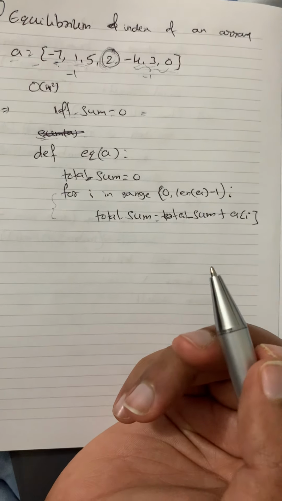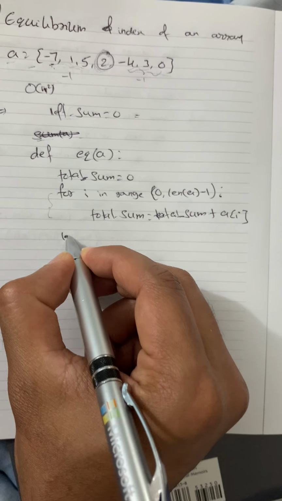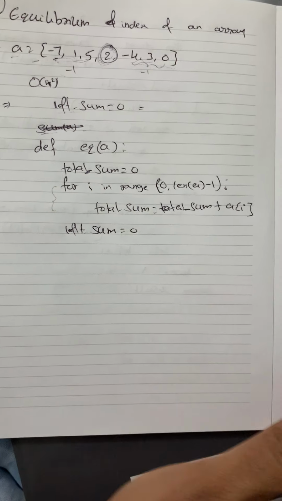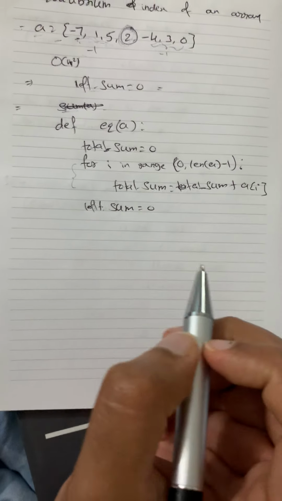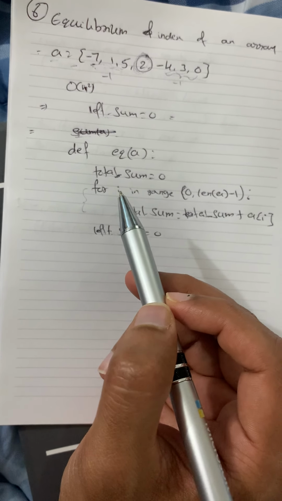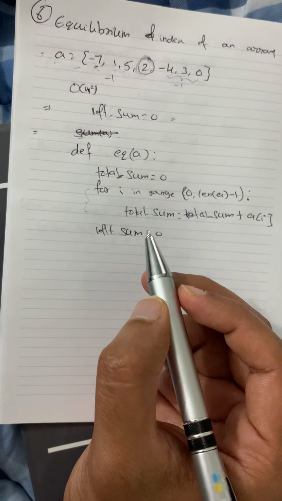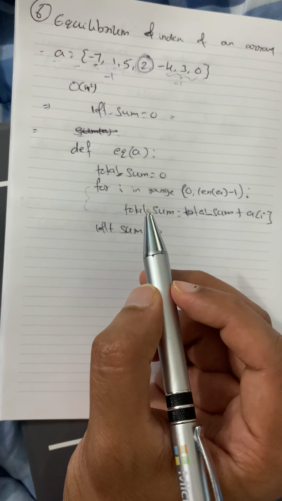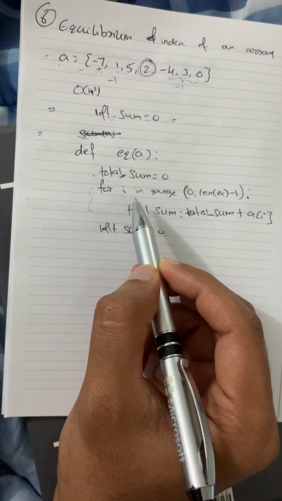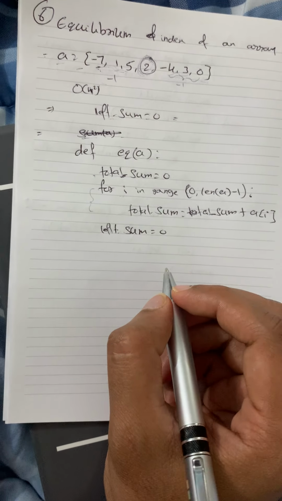Now we have the total sum, and we initialize left sum equal to 0. Now I will iterate through the array, and for each index I will deduct the current element from the total sum.